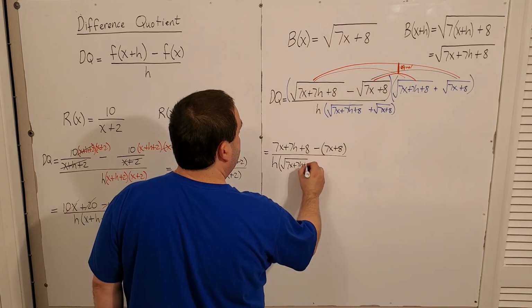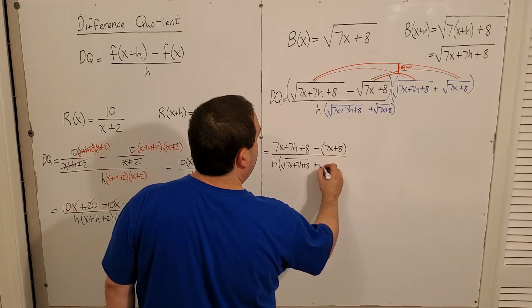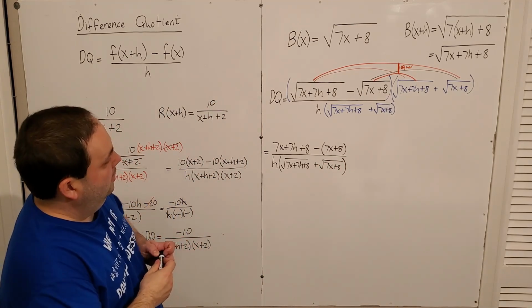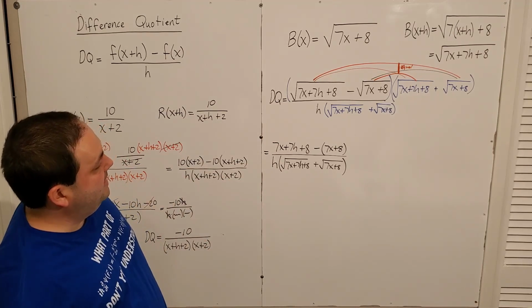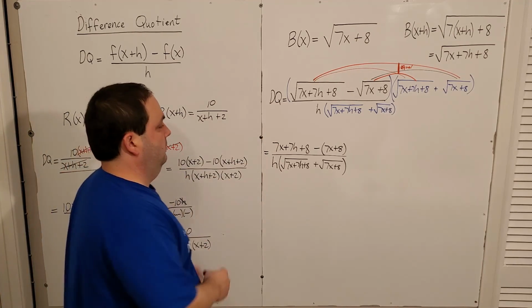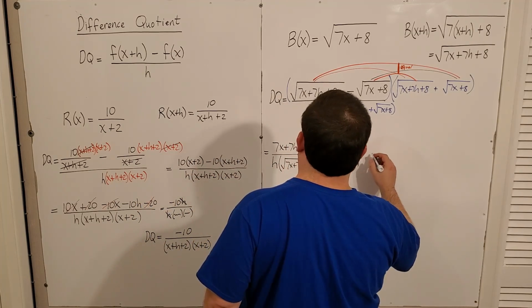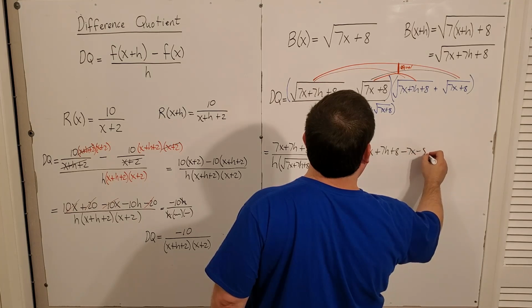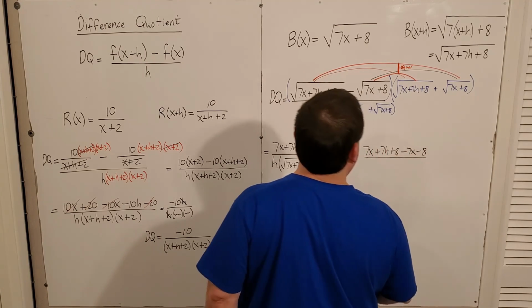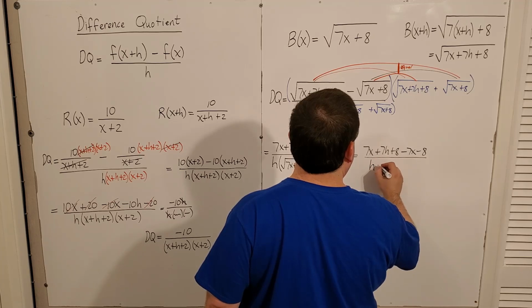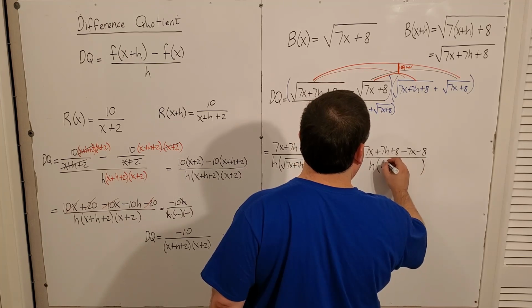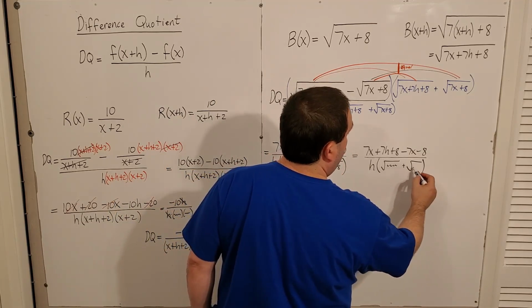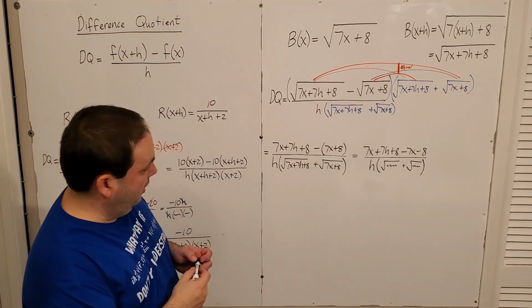The denominator is square root of 7x plus 7h plus 8 plus square root of 7x plus 8, like that. If I distribute that negative in the numerator, I get 7x plus 7h plus 8 minus 7x minus 8. I'm going to blah, blah, blah it again, because I want you focusing somewhere else.